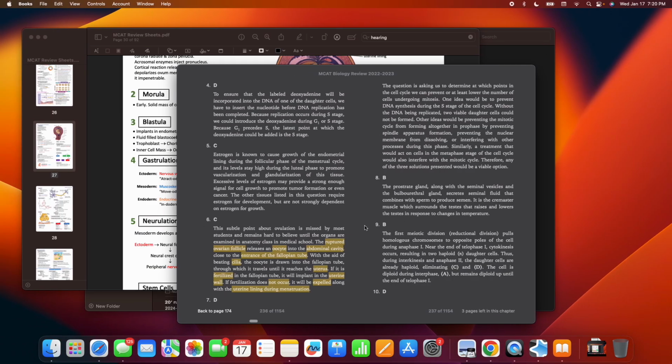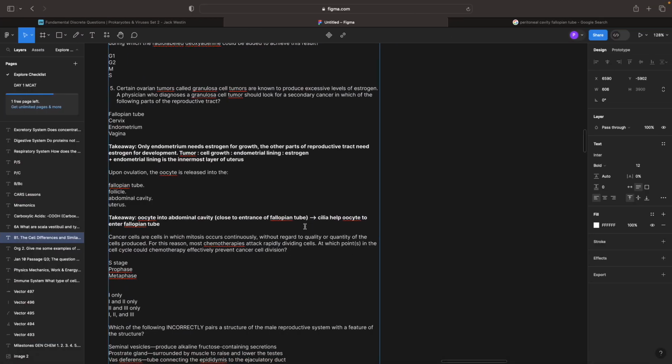Then there, if fertilized, it travels through the tube until it reaches the uterus. If it's fertilized, it will implant in the uterine wall.